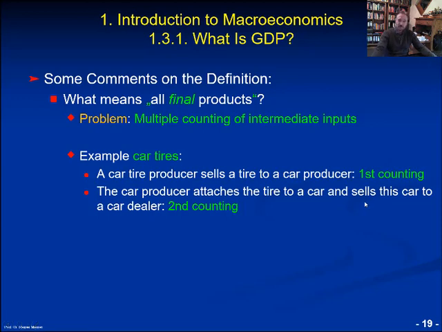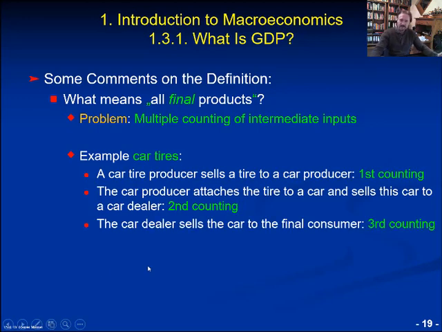Now, if we would also add the value of this car to GDP, we would account for these car tires for a second time. If this car dealer now sells the car to a final consumer and we would add the sales of this car dealer to GDP, then we would account for the value of this car tire a third time.